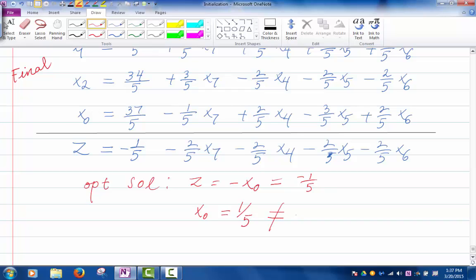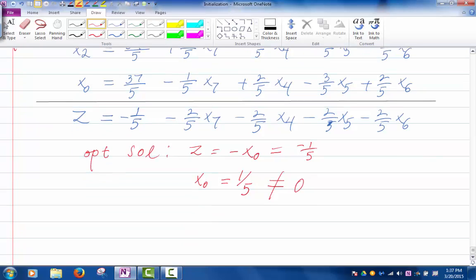Do I have to prove this is not 0? Right? And well, if it is not 0, then what do we know? This dictionary is feasible, but what do we know? The original is not feasible, right?